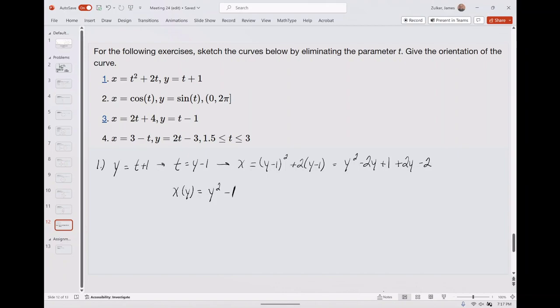What kind of curve is that? So if we were to go and sketch that, what kind of curve would that be?